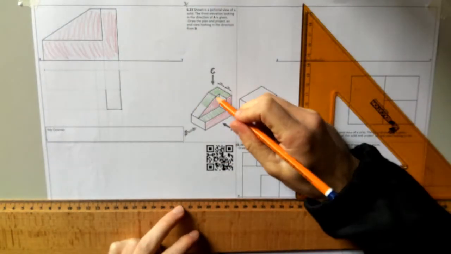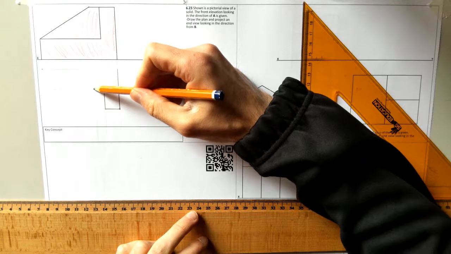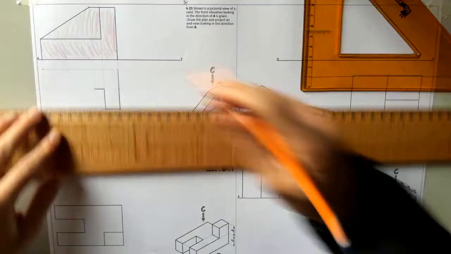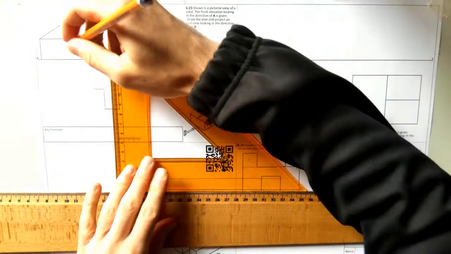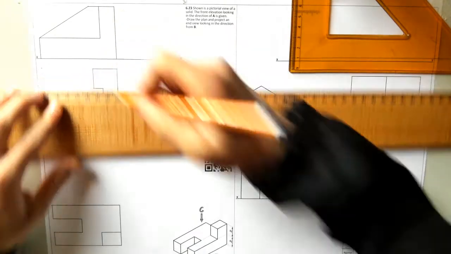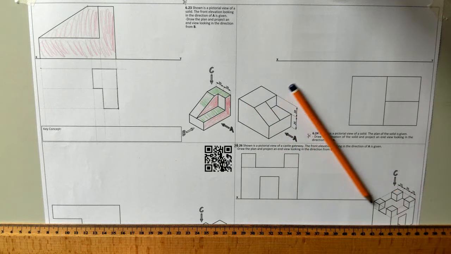And then it sticks out to where that slope comes down. So that's where the slope is coming down, so it sticks out to there. So if I follow that down, there it is there. And then I'll just close it off by drawing that line there. And that line there.